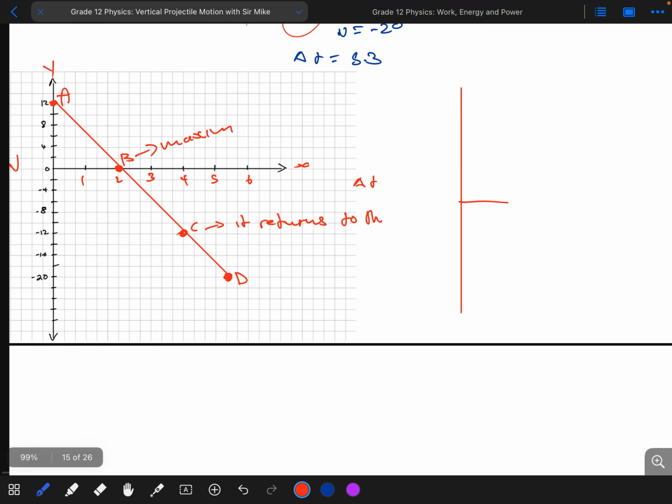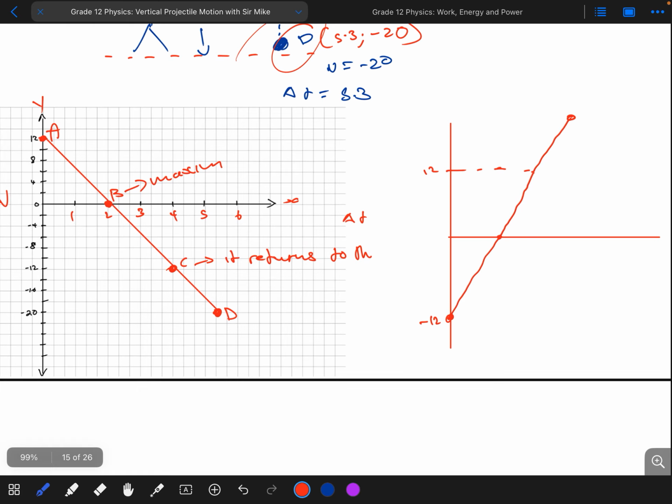So my graph would have started at negative 12, reached the maximum point, and then started to travel in the opposite direction until it passes the point of throw, where the speed would be the same but the direction of that speed would be different. It will continue to go down until it reaches the ground.